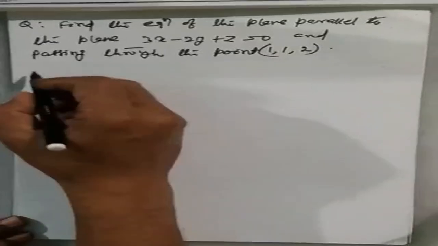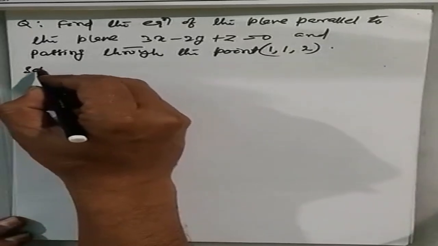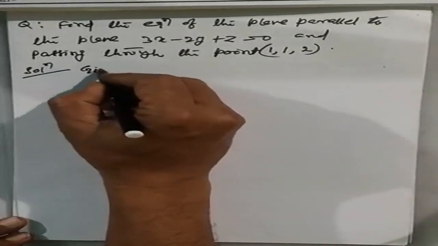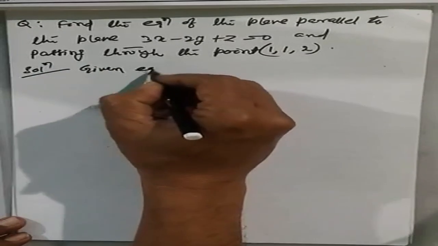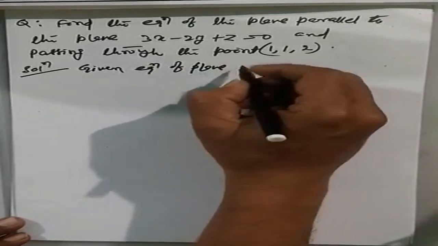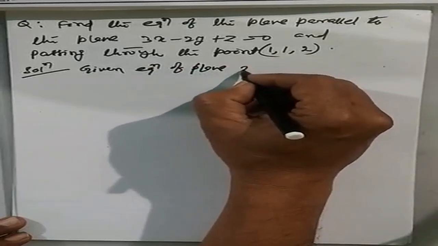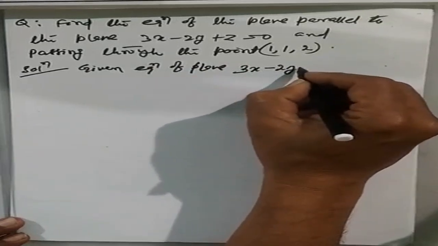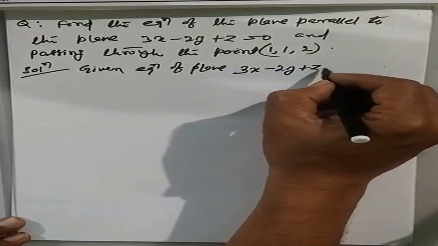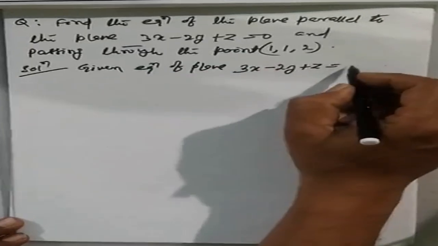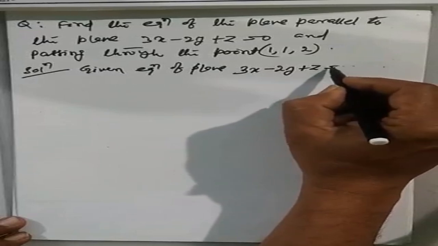So when we are going to solve this, the given equation of plane, according to the question, is 3x minus 2y plus z is equal to 0.